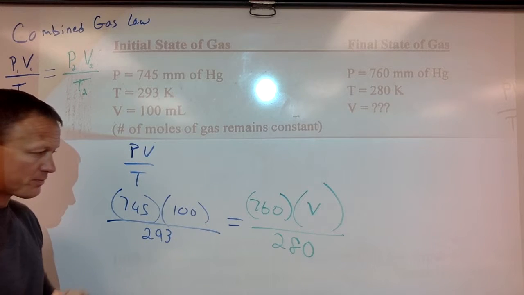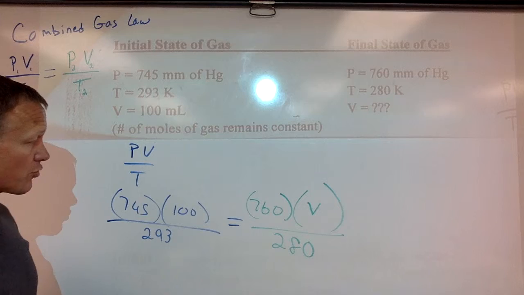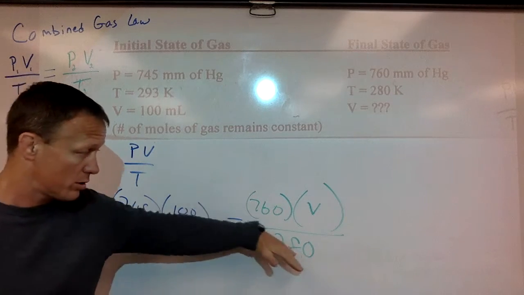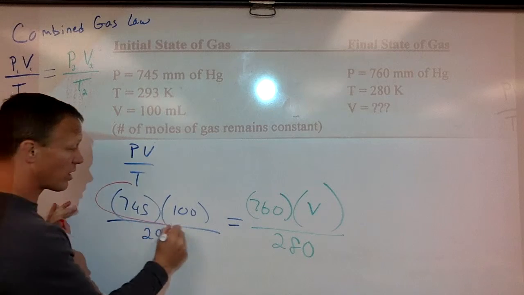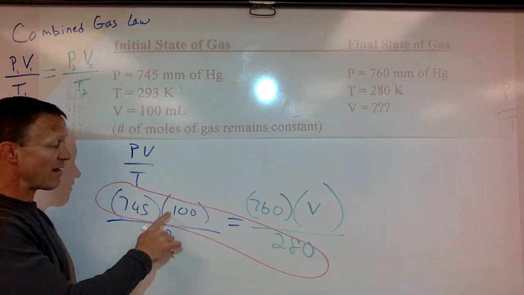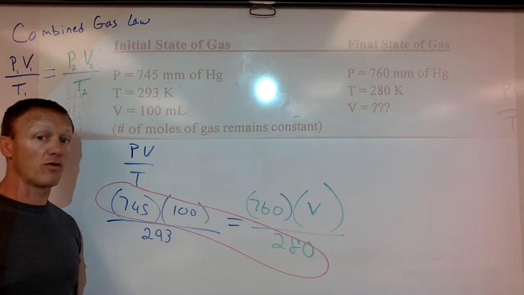Here's your way to solve this. My suggestion is cross multiply and divide. So cross multiply where there's no variable. So diagonally, we're going to multiply where there's no variable, which requires you to multiply 3 numbers. So 745 times 100 times 280. And then you're going to divide by everything that's left over.